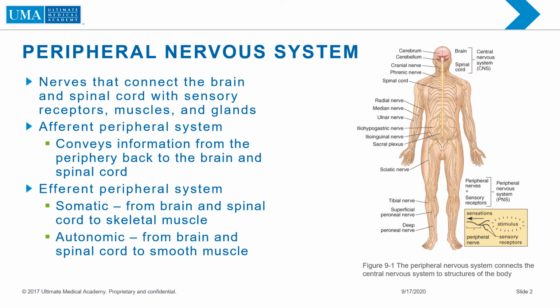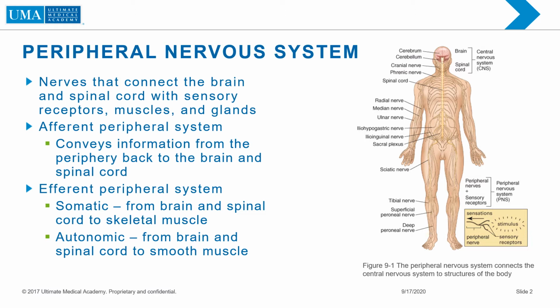The peripheral nervous system, also known as PNS, is divided into several smaller units. This is shown here in figure 9-1. The peripheral nervous system consists of all the nerves that connect the brain and spinal cord with sensory receptors, muscles, and glands.